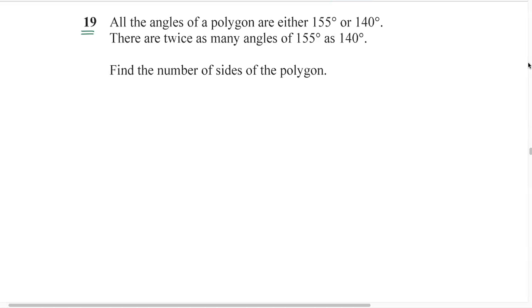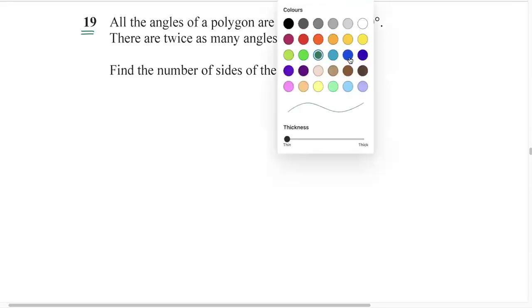What I understand is that there's a number of sides, and the interior angle is either 155 or 140, but there's double the amount of 155s than 140s. So we just have to find the number of sides in that polygon, right? Correct, you got it right.